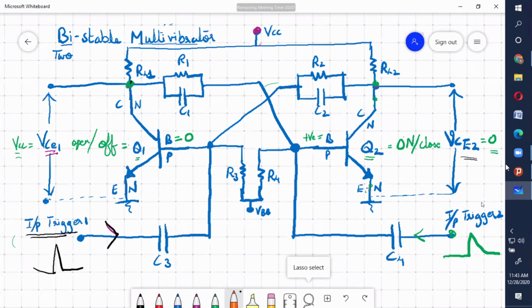Students, are you there? Are you listening? Have you seen traffic lights at nights or in the early morning? No, sir. There will be a yellow light, right?